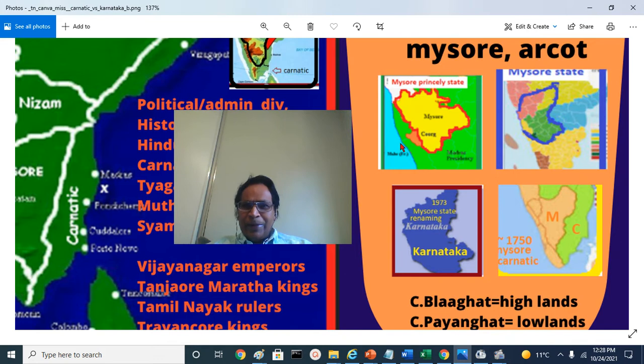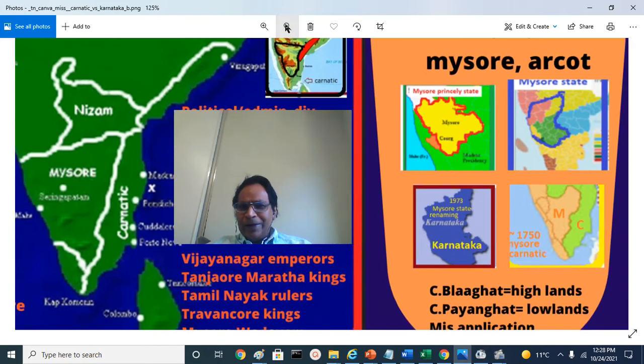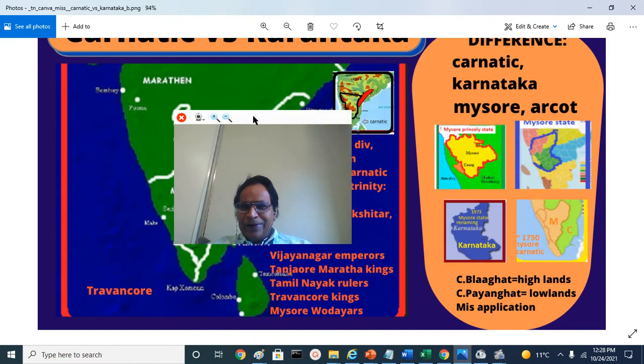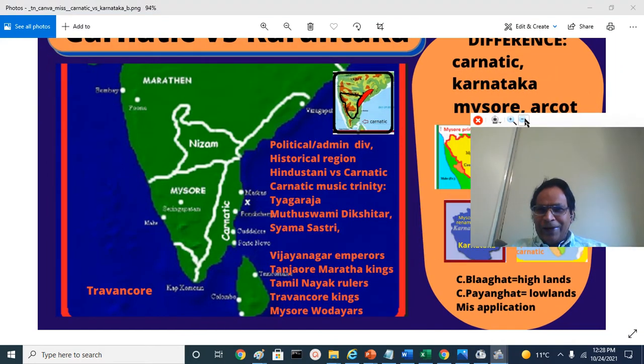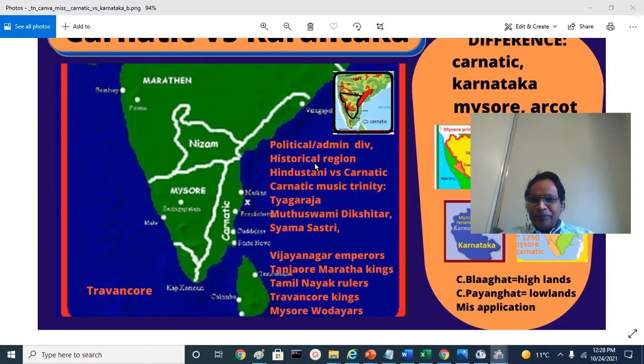So we'll see the Mysore princely state and Mysore state here, and Karnataka state or Karnataka province and Carnatic region, and Mughal Carnatic and Bijapur Carnatic or Golconda Carnatic or Maratha Carnatic. There are so many Carnatics, and you will get clarity about this today.